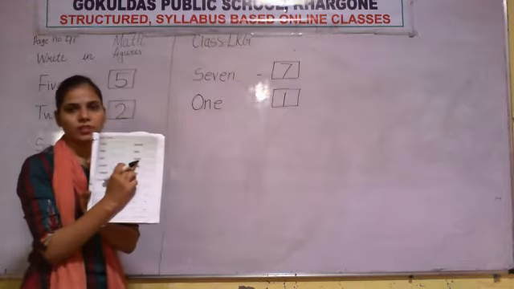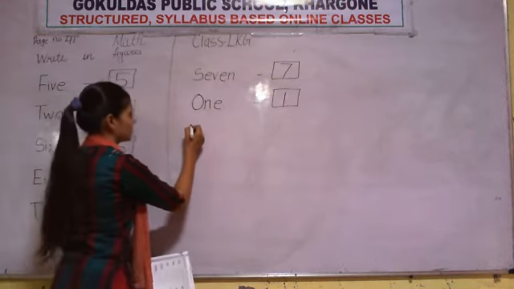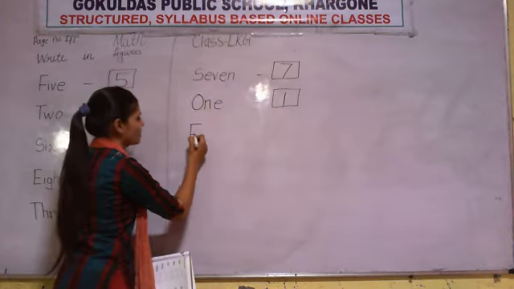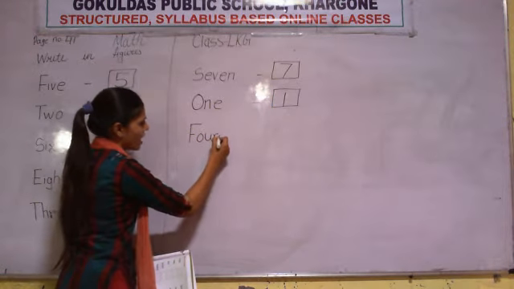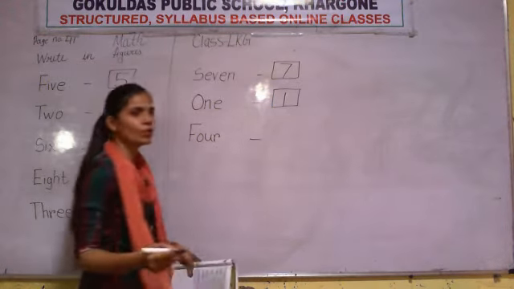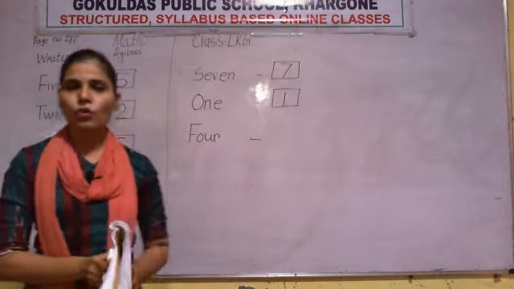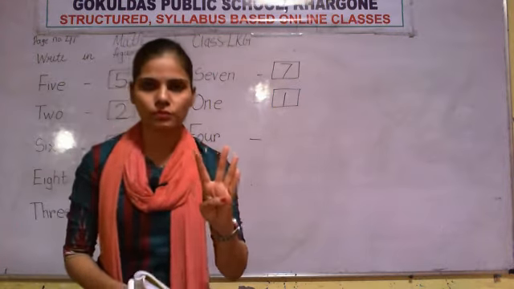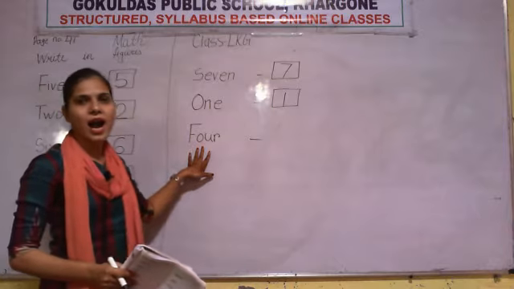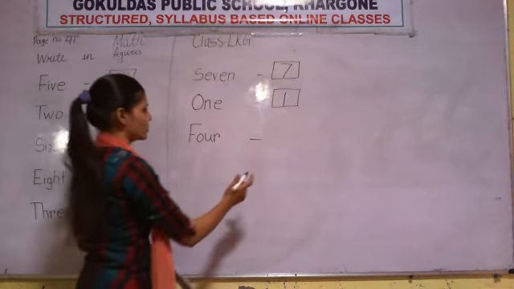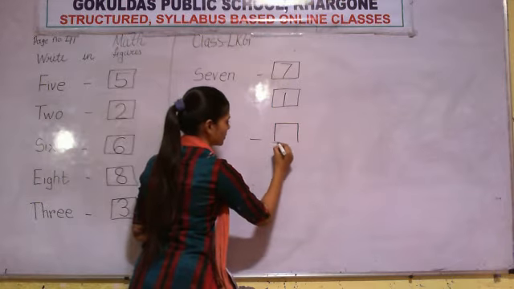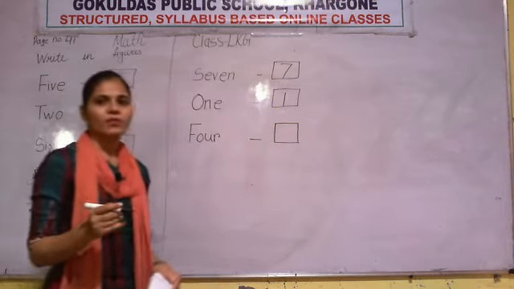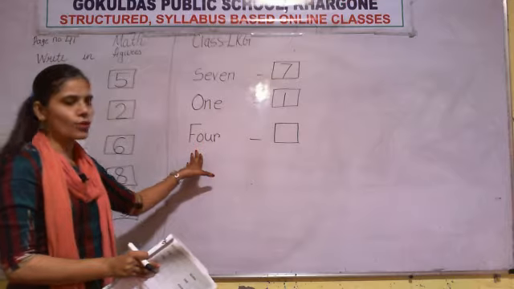Next is F-O-U-R. What is F-O-U-R? F-O-U-R is 4. So in this block, which number will we write? 4.